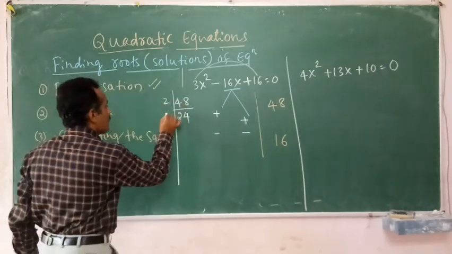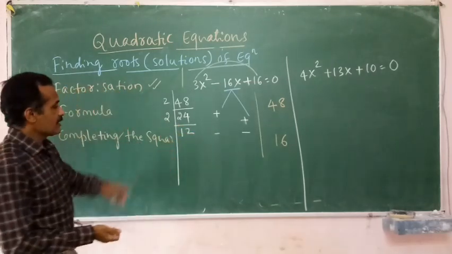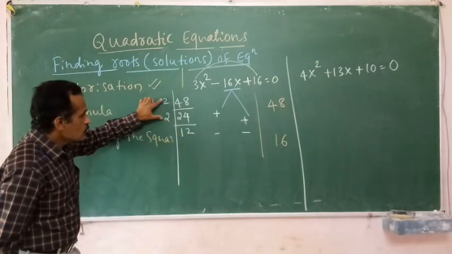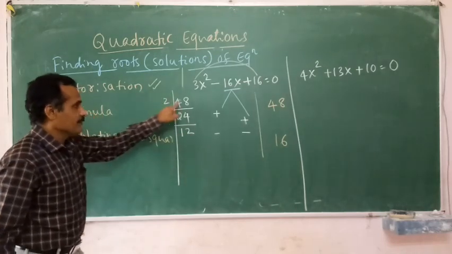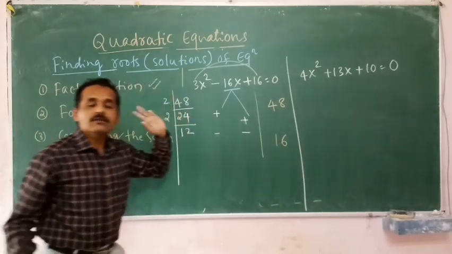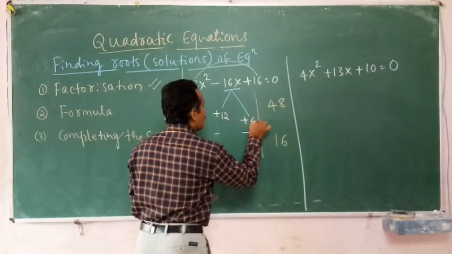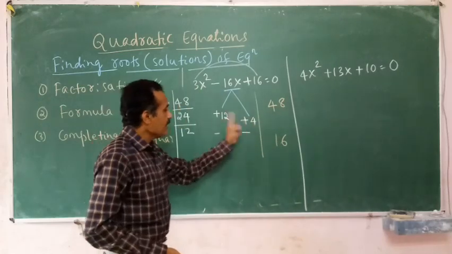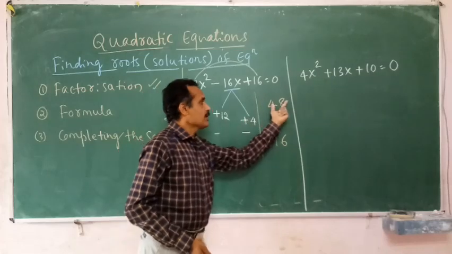No chance. Again, 2 12s. Multiply these: 2 2s are 4, 12 4s are 48. 12 plus 4 is equal to 16. So the middle terms are 12 and 4. On adding 16, on multiplying 48.